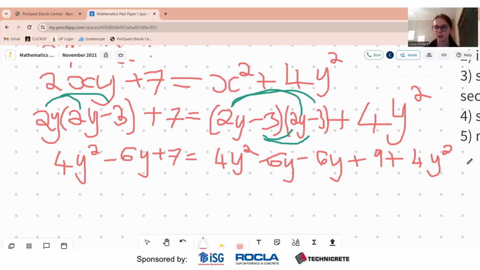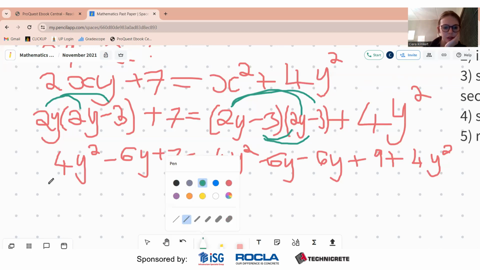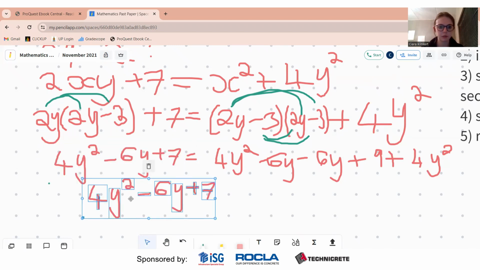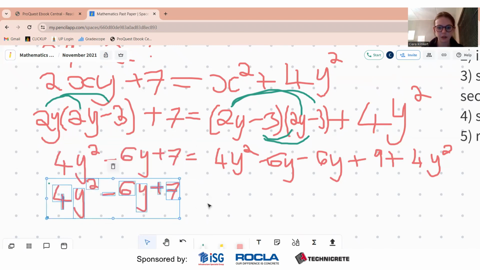And if you have too much going on, you are more likely to make a silly mistake. So here on this side, I can't simplify. There's no like terms here. So I'm just going to copy and paste that down here.